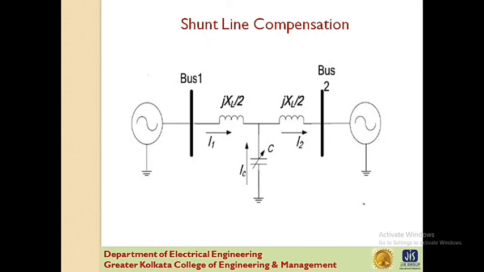Also, with insertion of capacitance at the load bus, the load side power factor increases. At the voltage stability limit, delta critical is given by pi by 4 minus theta by 2. The value of delta critical also improves with the application of a shunt capacitor at the load bus.